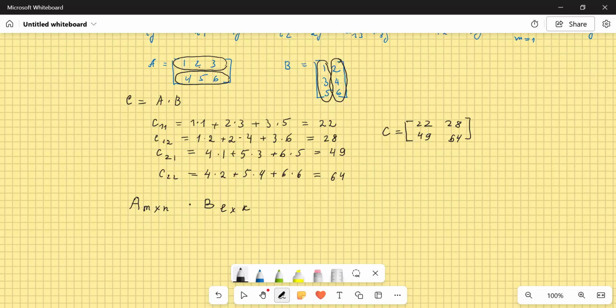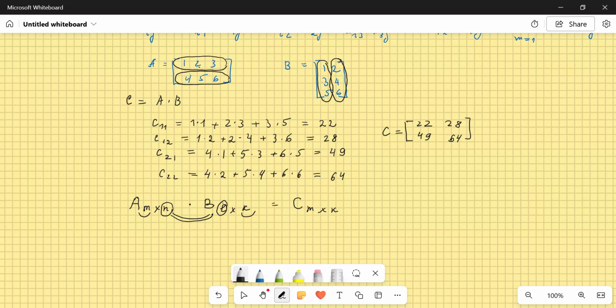Since we need the same number of elements in a row, which is the number of columns, and the same number of elements in a column, which is the number of rows, these two numbers must be equal. The other two numbers don't need to be equal, and the resulting matrix is going to have dimension m by k.